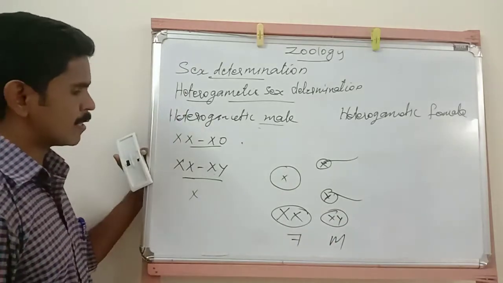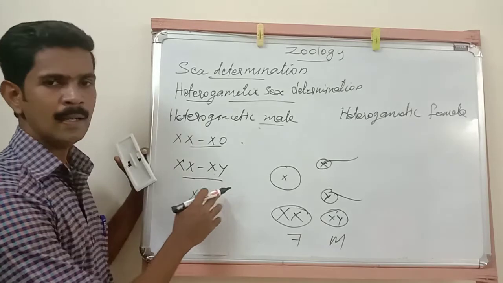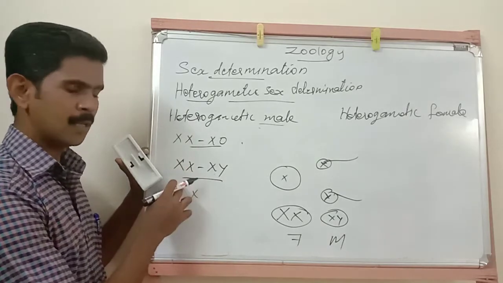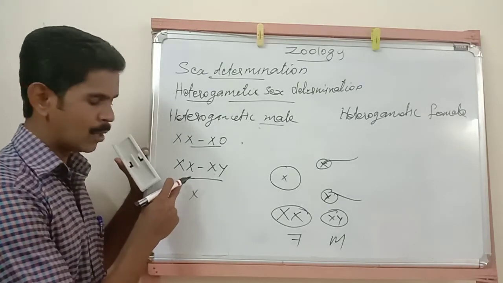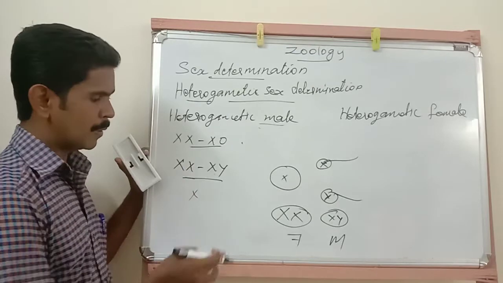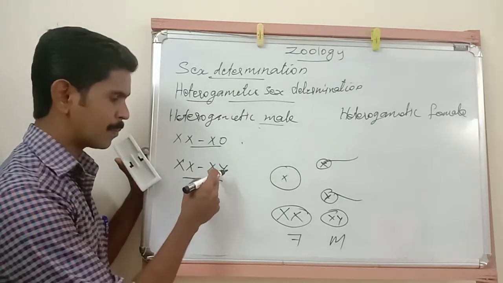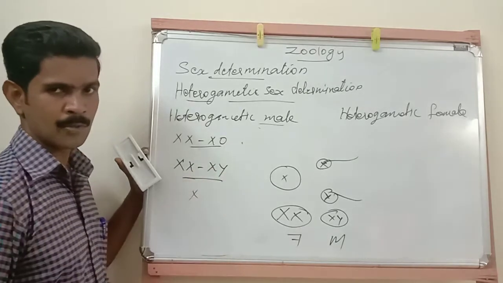I hope you understood this point. So XY type of sex determination we can see in Drosophila. In this type of sex determination, the female produces only one type of sex chromosome, X. But the male produces two types of sperm, some carrying X chromosome and some carrying Y chromosome.